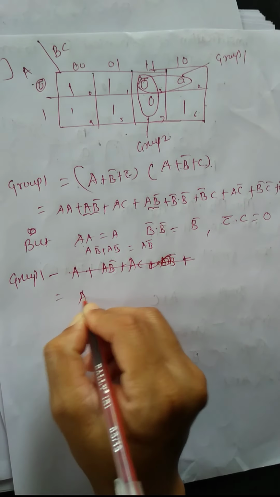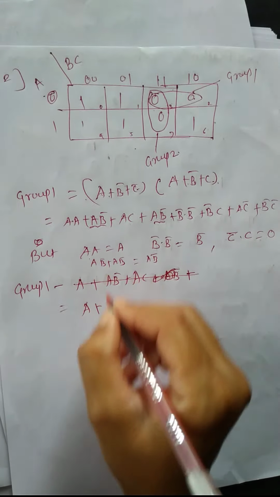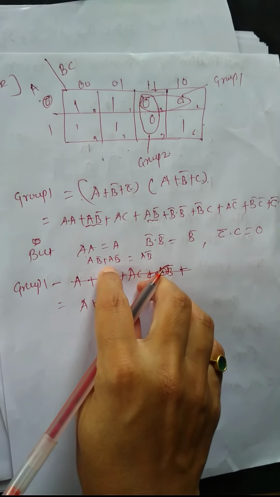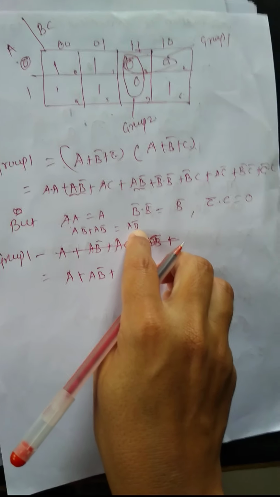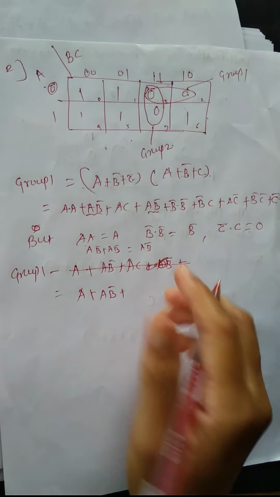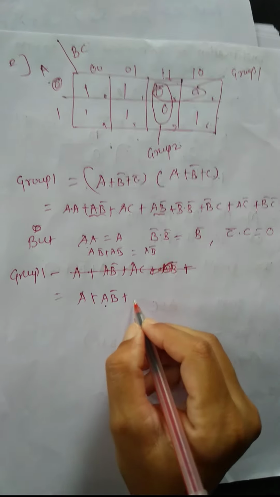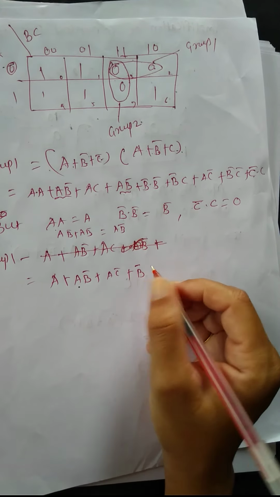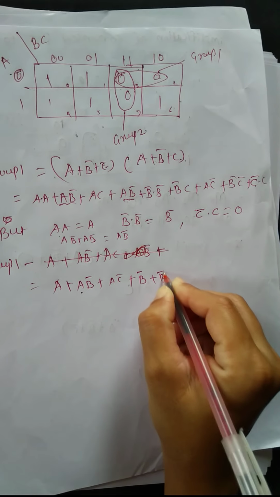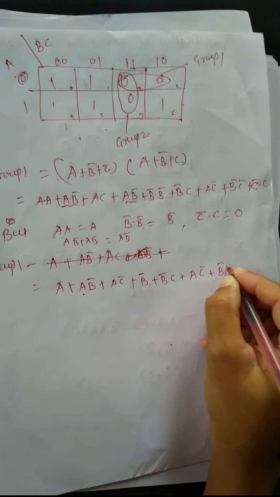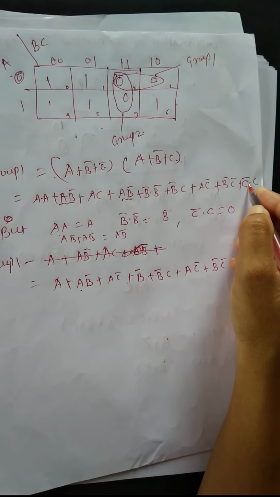Then a plus a is a, into b bar, so this is one term. Next term a c bar, then b bar into b bar is b bar, b bar c, a c bar, b bar c bar, and c into c bar is 0.